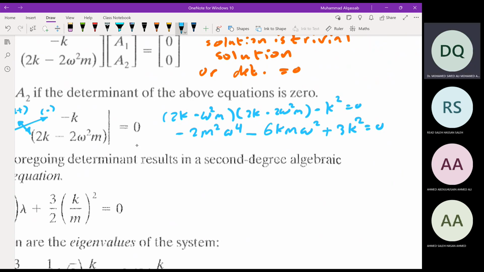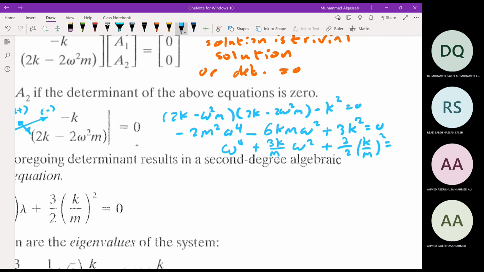If you divide by 2m squared, you will get omega to power 4 minus 3k over m omega squared plus 3 over 2 k over m squared equal to 0.